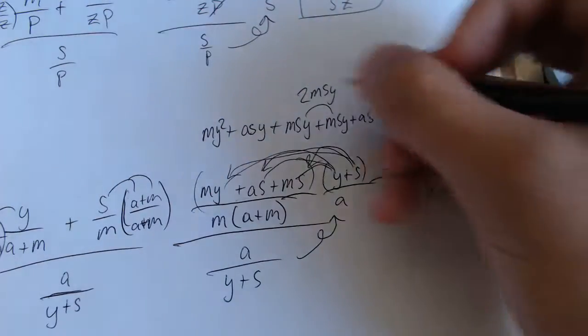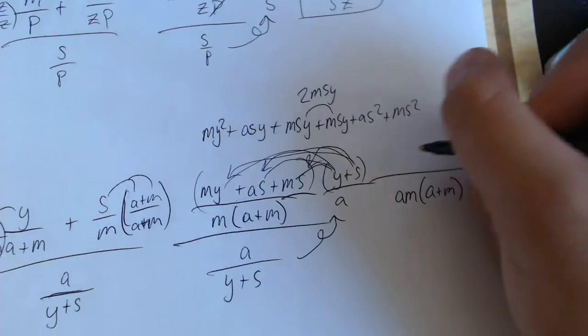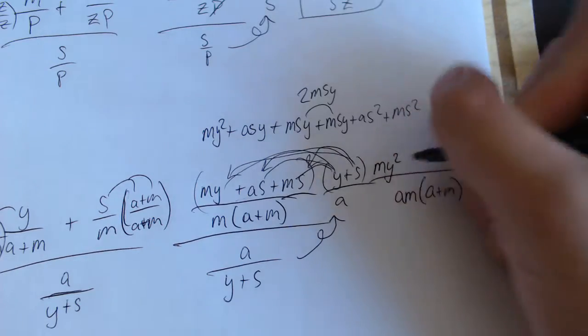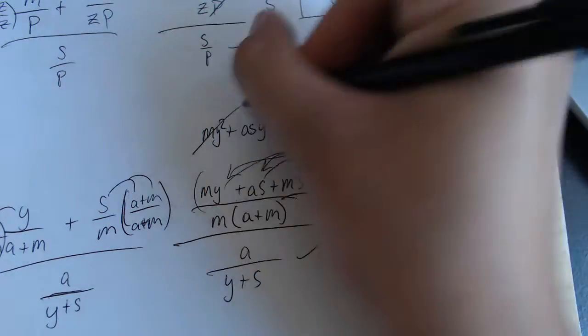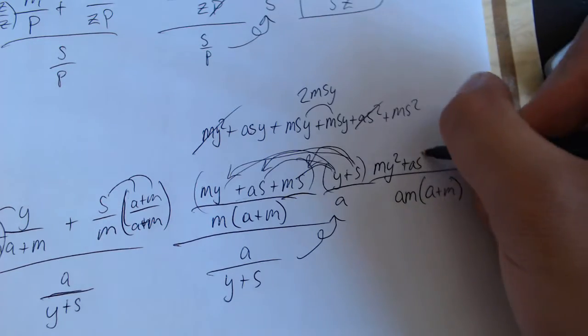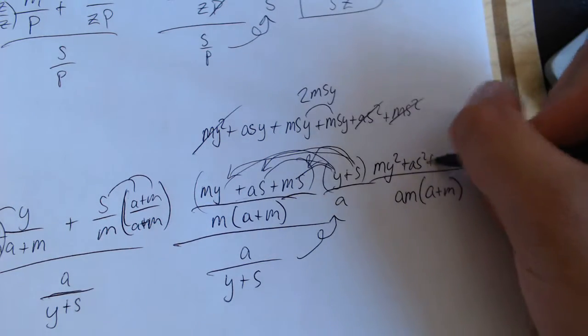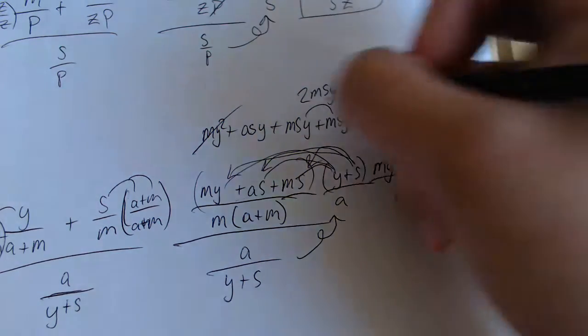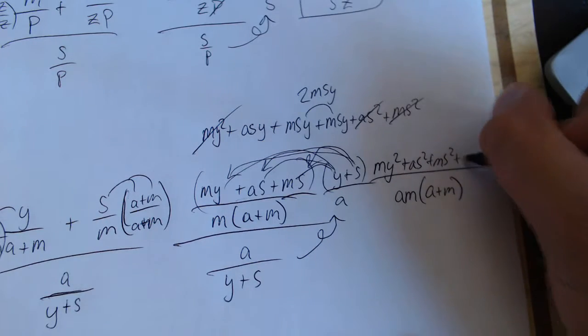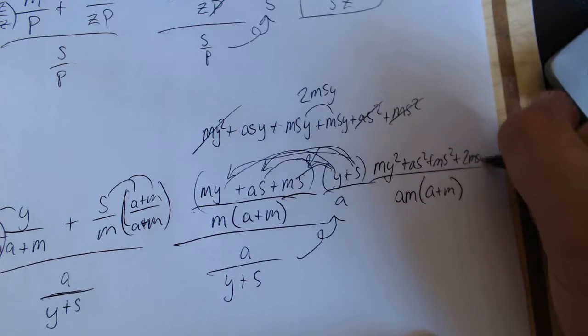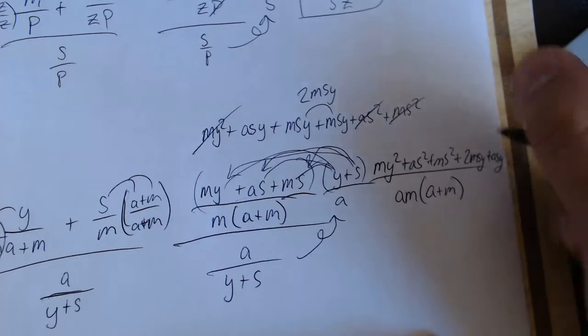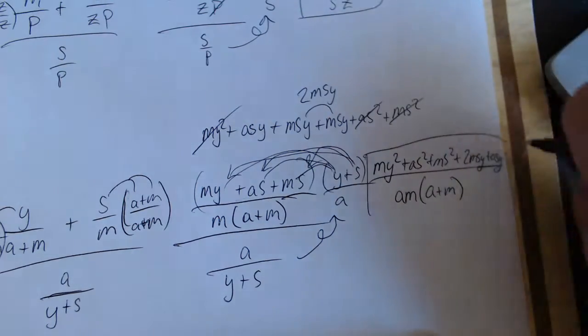That's going to be my squared plus as squared plus ms squared plus 2msy plus asy. So that's one way we can write our final answer.